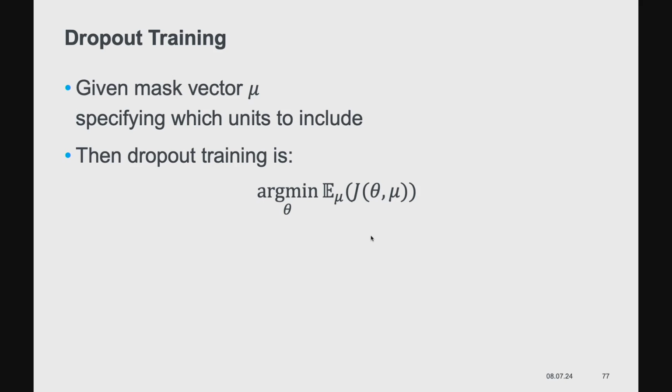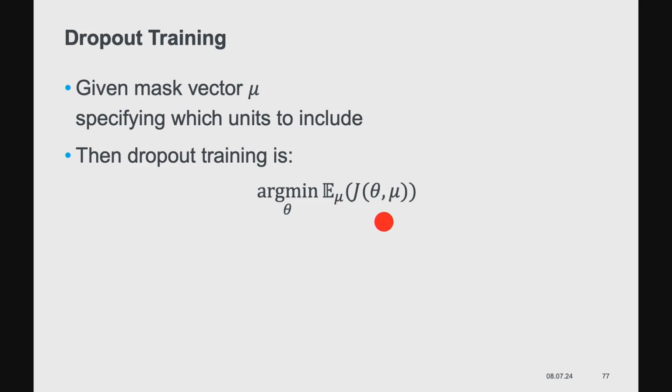Okay, now dropout training: you have here the loss. The loss depends on your parameters theta and on the mask vector. And if this is the loss, then you are interested that this loss is small for the different occurrences of masking vectors.